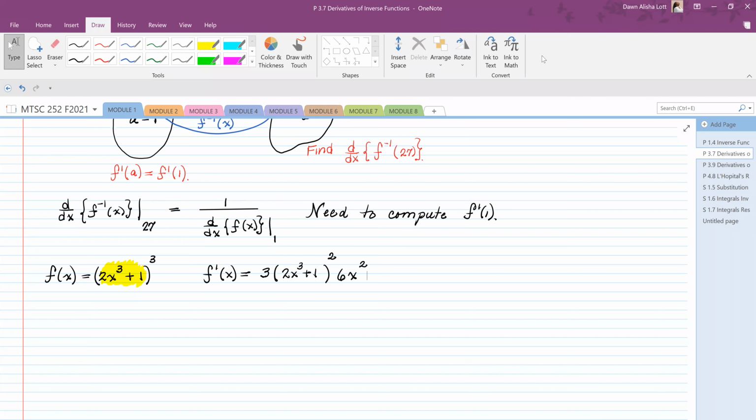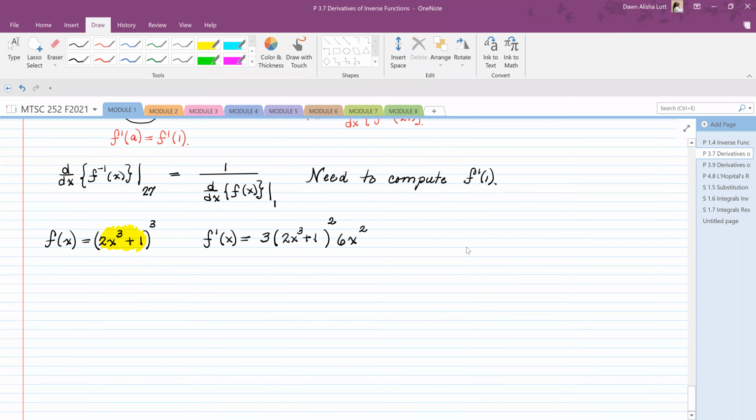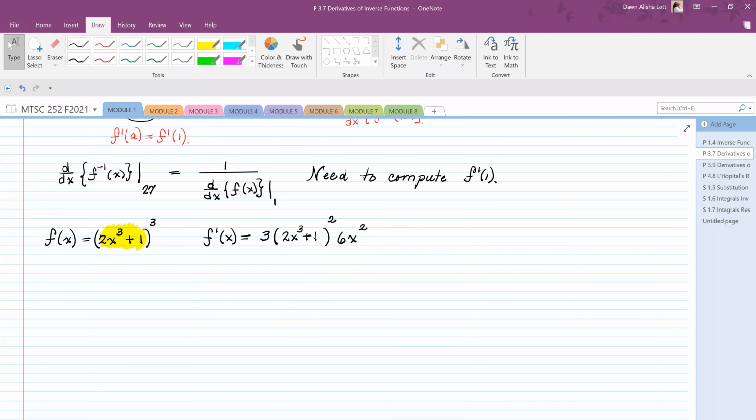What I just used was the outside inside rule, which was to differentiate the outside function. You need to identify the inside function and the outside function.